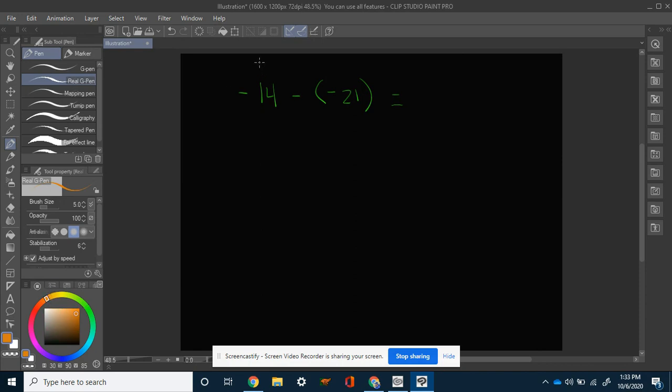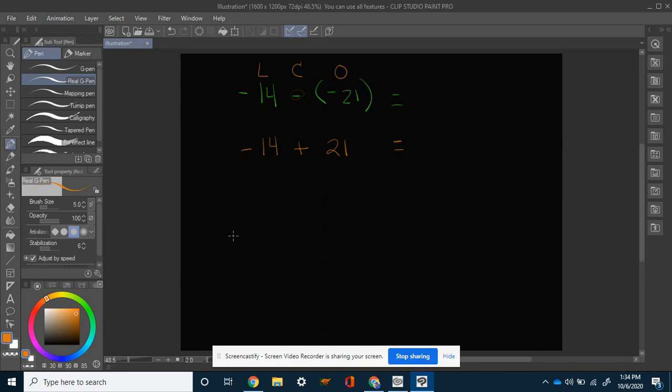Follow the rules. Leave, change, opposite. Leave the negative 14 alone. Change the subtraction sign to addition. The opposite of negative 21 is positive 21.